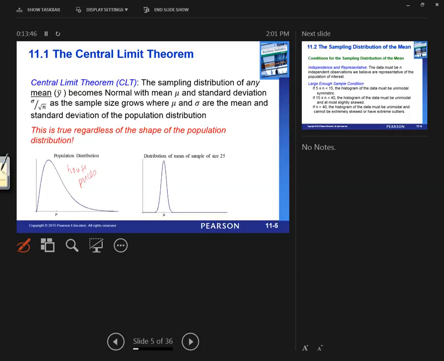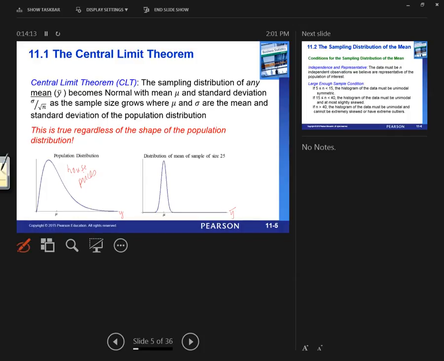But if I take a sample of size 25 for this same data, then the mean from that, so this is the distribution of y bar. Here's y bar, and this is y. This is the distribution of a house price. If I pick a house price, this is how often a house price would be in certain intervals.